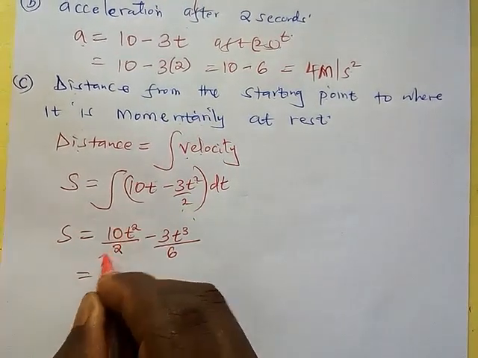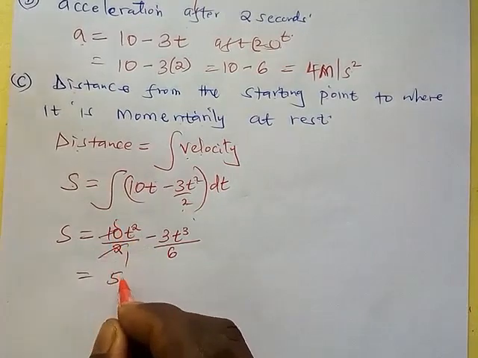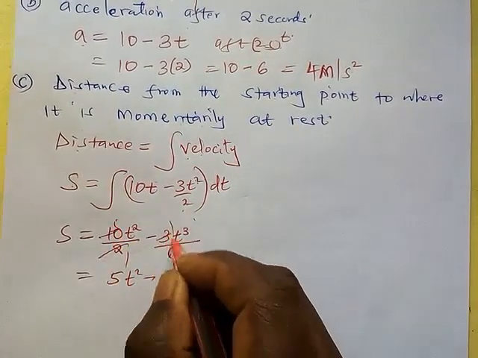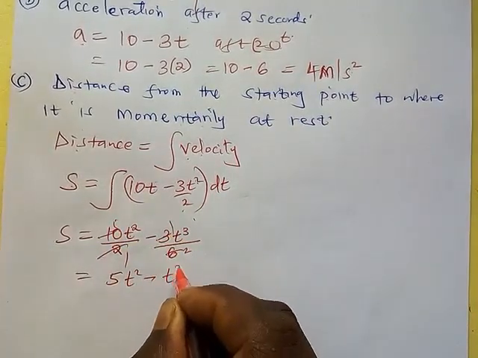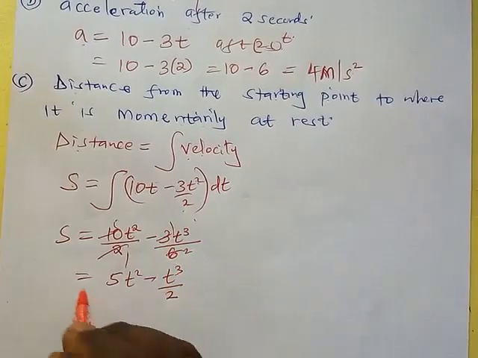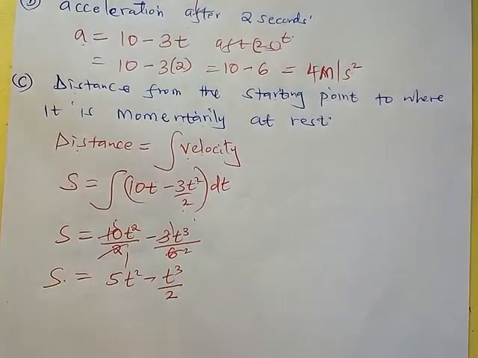So we have 5t squared minus t cubed divided by 2, and this is distance.